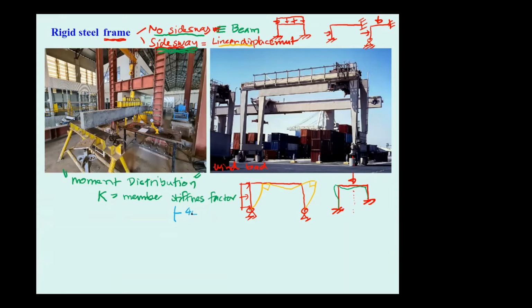One is based on 4EI over L, and another is based on 3EI over L. For a member that has an external pin like this, you will use 3EI over L, and this one 3EI over L. But typically, when you consider a beam such as this one inside the structure, it is going to be 4EI over L, or if your column has a fixed end, it is going to be 4EI over L. And by doing this, we never consider the linear displacement in the consideration of the member stiffness factor.